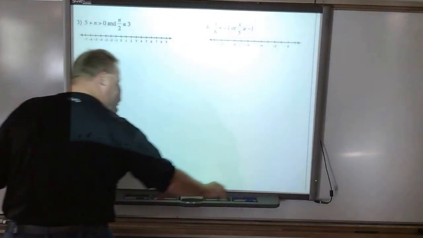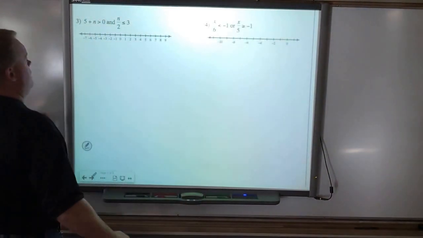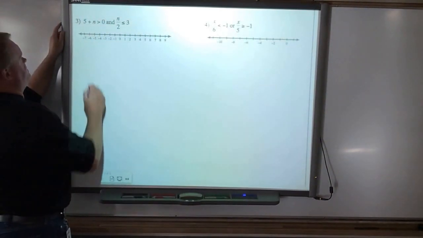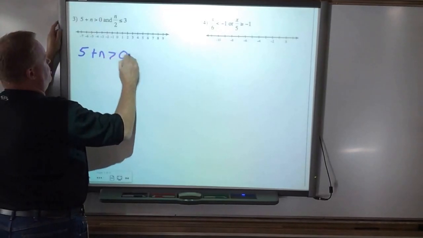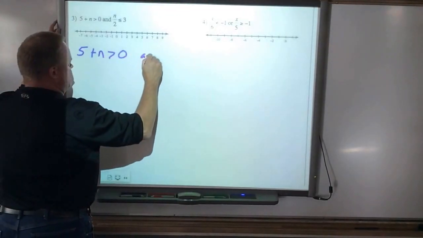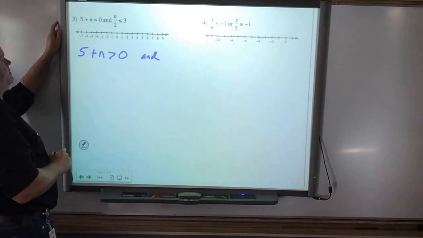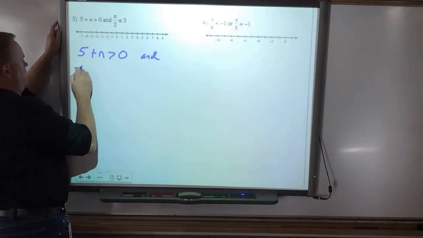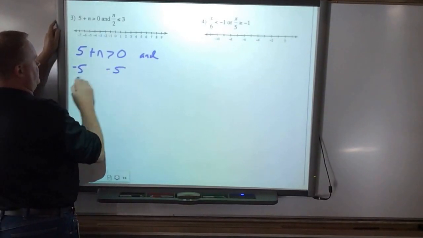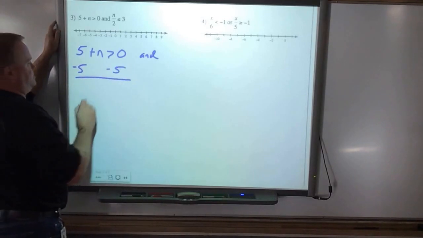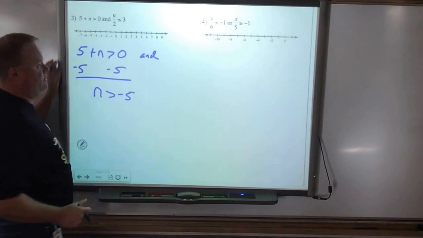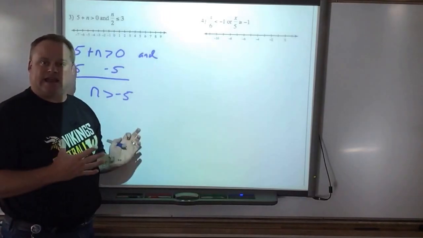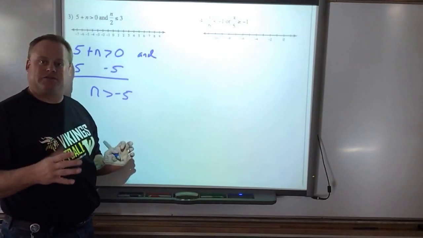We can do this. All right, the first one. I got 5 plus n greater than 0. And that is an and. What I'm going to do? Well, I'm going to subtract 5 from the left-hand side because I want n by itself. So this becomes n greater than negative 5. And if you go, wait a second, he's got a negative. Why didn't he flip the sign?